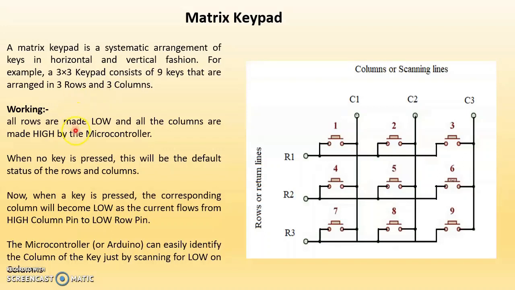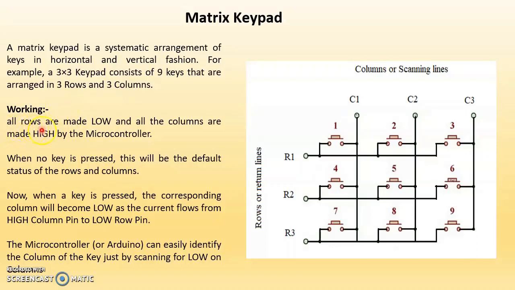Let us see it point by point. These are the row pins R1, R2, R3, and these are the column pins C1, C2, C3. These row pins are often called return lines and the column pins are called scanning lines. Let us see its working.